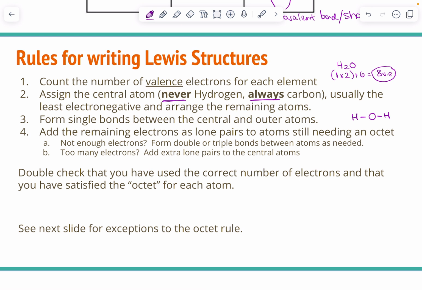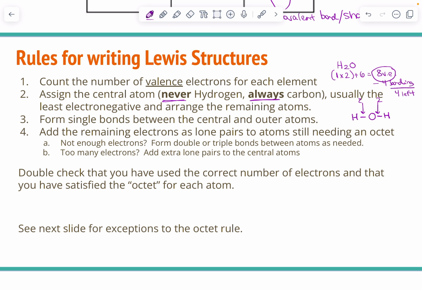Now, hydrogen can never have more than 1 bond. So once we form a bond to hydrogen, it is done. It can't take any more electrons. But notice that I still have 4 electrons remaining. This is 2 electrons, this is 2 electrons, so minus 4 for bonding means that I still have 4 left over.